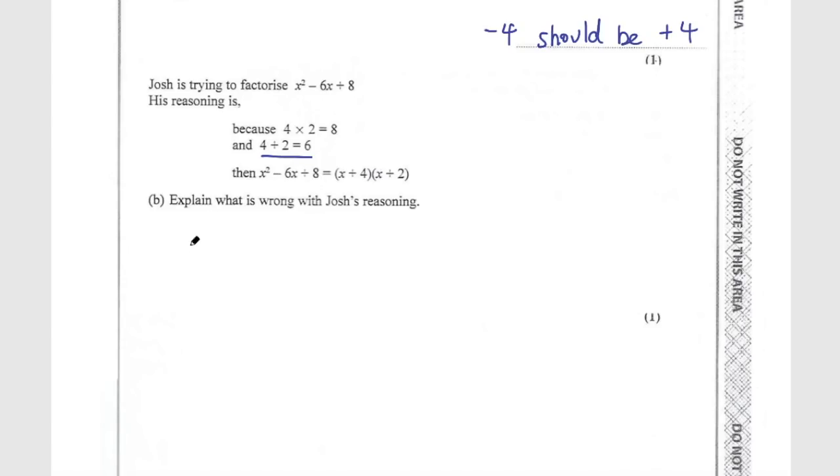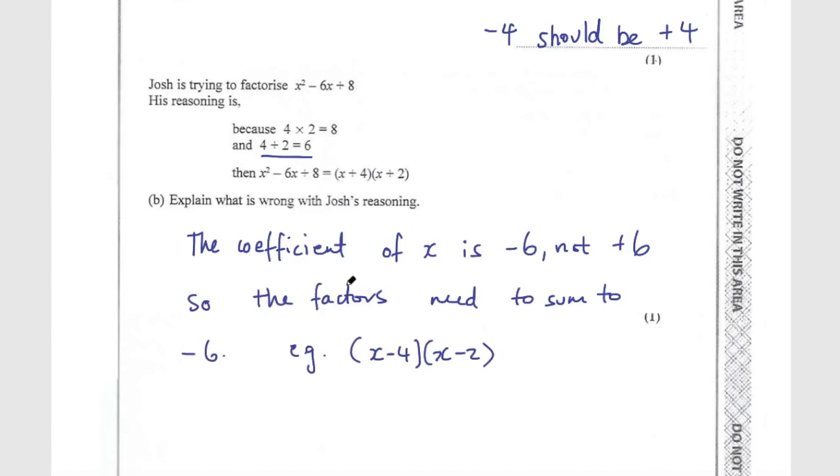So we could say the coefficient of x is minus 6, not plus 6. So the factors need to sum to minus 6. And I give an example of an answer.